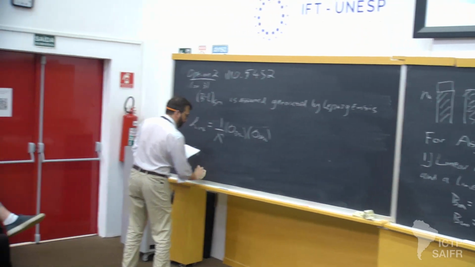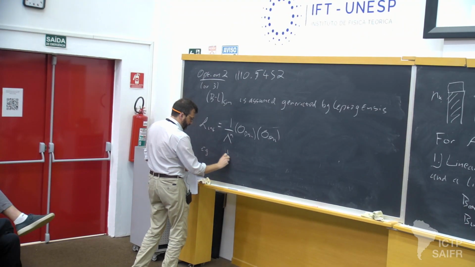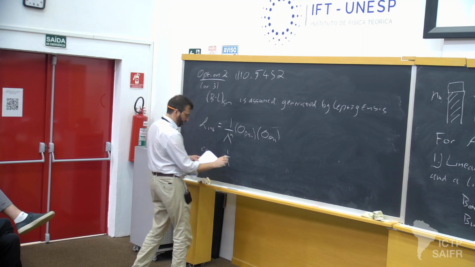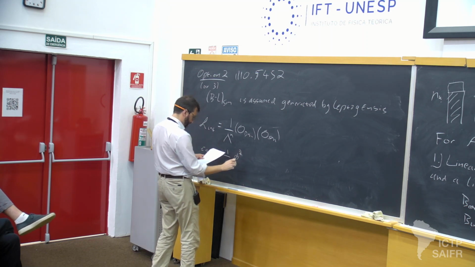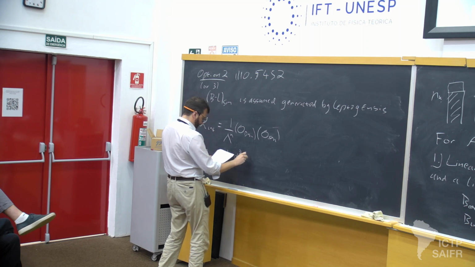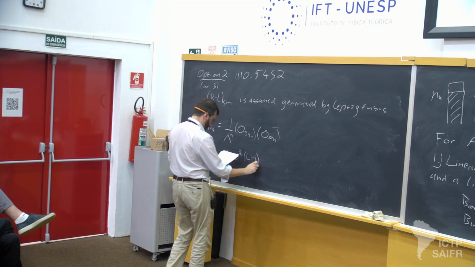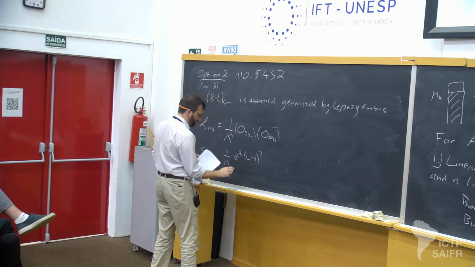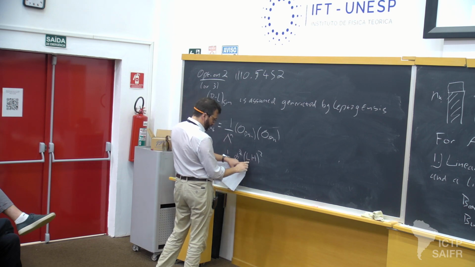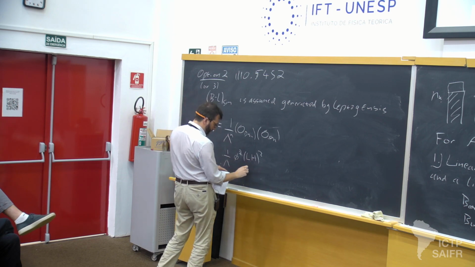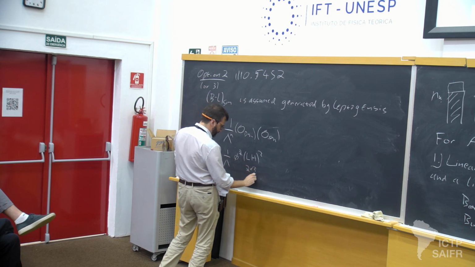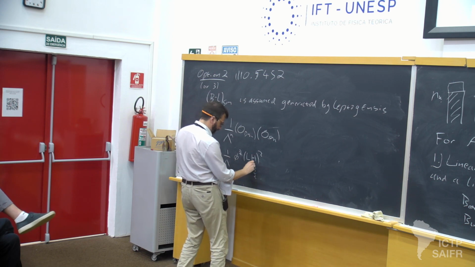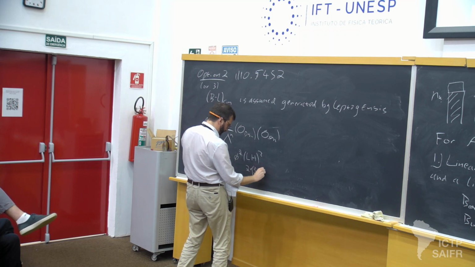So let's see, 1 on lambda, phi squared, L H squared. So this has dimension 3, so 2 times 3 halves plus 1.